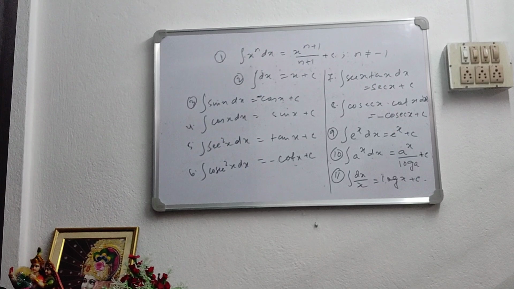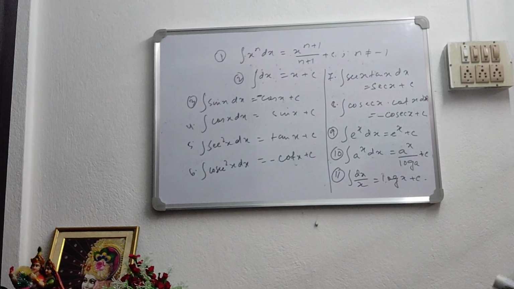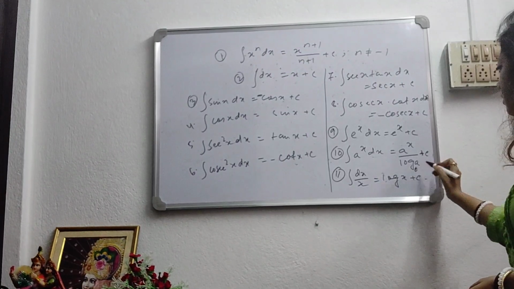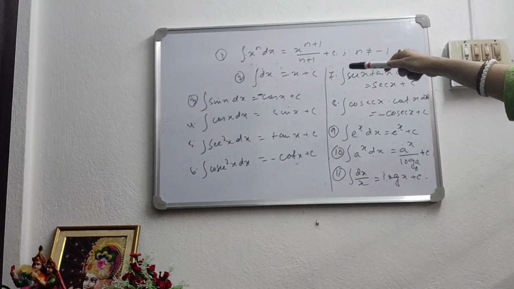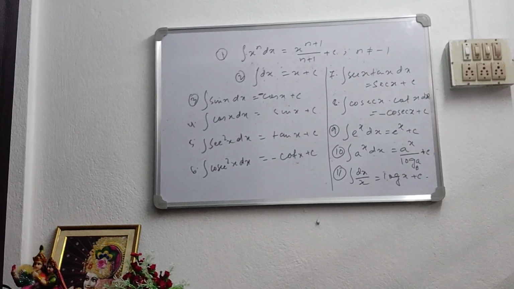Cosec x cot x is minus cosec x plus c. e to the power x is the same in case of derivative and in case of integration, it doesn't change. Integration of a to the power x is a to the power x by log a base e plus c. Integration dx by x is log x plus c. So kindly check, integration of sin x will be minus cos x plus c.